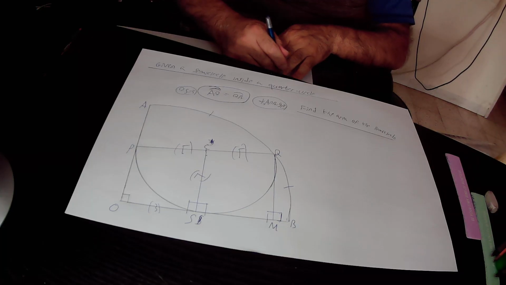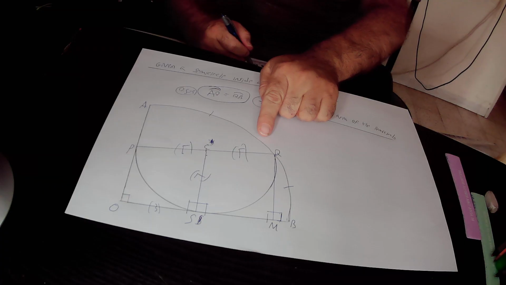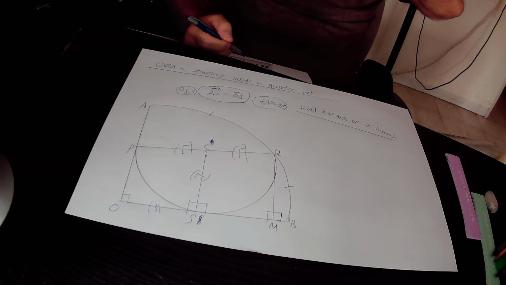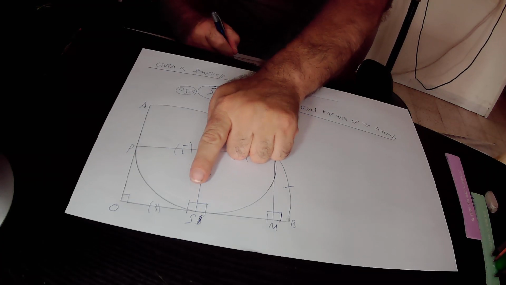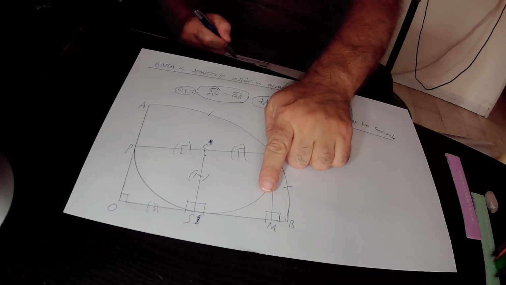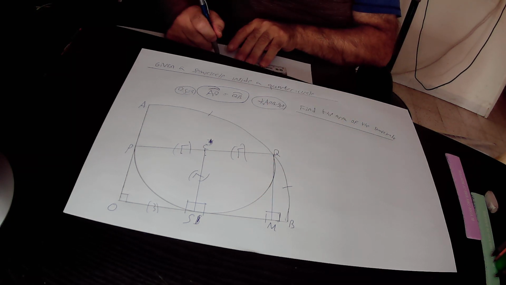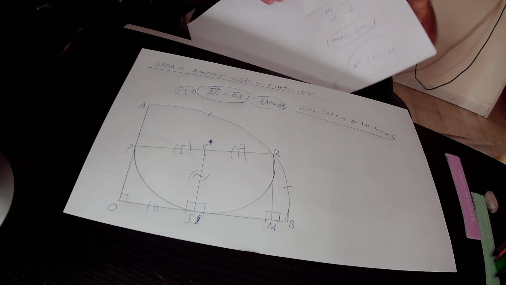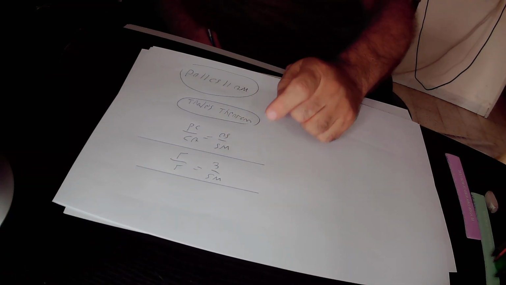So PC is R, over CQ which is also R, equals OS, which is 3 according to what is given in the question, over SM. SM is the missing side, so we leave it as it is. In total, we find that R over R equals 3 over SM.